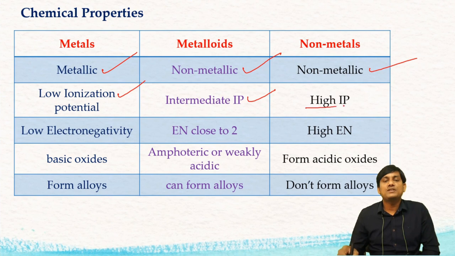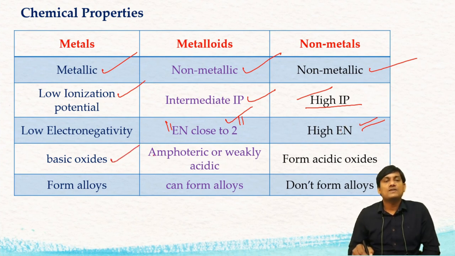The ionization potential of non-metals is very high. When you compare electronegativity, metals are less electronegative, highly electropositive elements. The electronegativity of metalloids is in between metals and non-metals, generally very close to 2. Non-metals are highly electronegative elements.